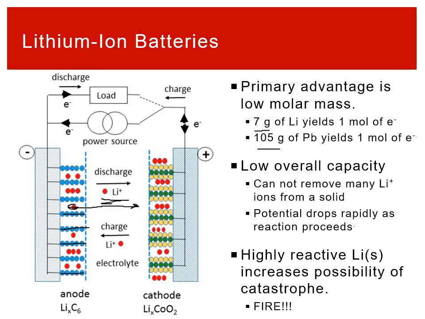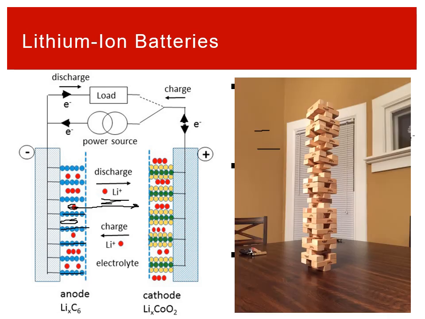That would lead to this sort of open space, which would inhibit the stability of this anode. As you start to lose lithium cations, it gets more and more unstable, something like a Jenga tower. It is more and more likely that your anode or cathode will collapse and isn't going to be that stable.